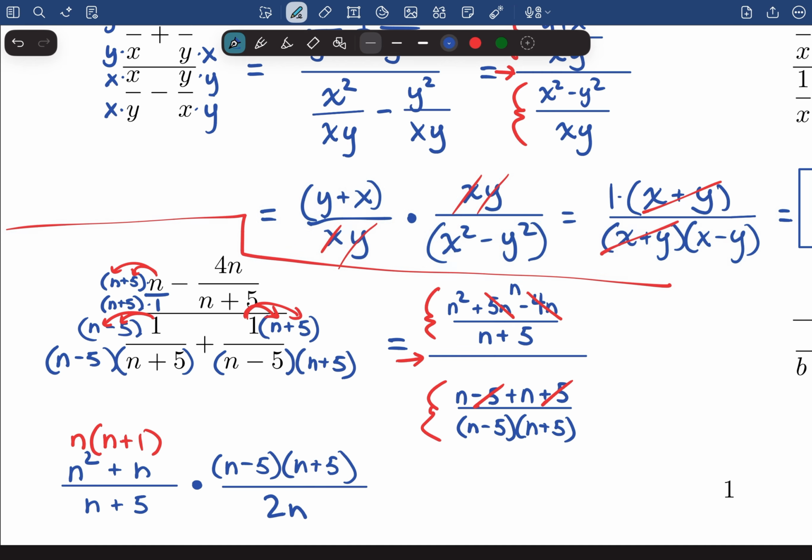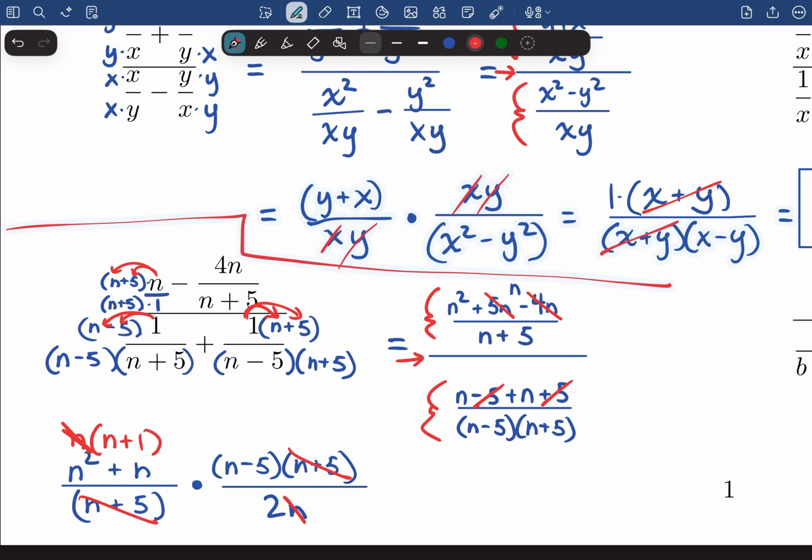Okay, and so now that everything's fully factored, you might observe with me that I've got an n plus 5 factor that cancels on top and on bottom. I can cancel the n plus 5s on top and bottom here. And I also have the n factor, right? This n cancels that n right there.